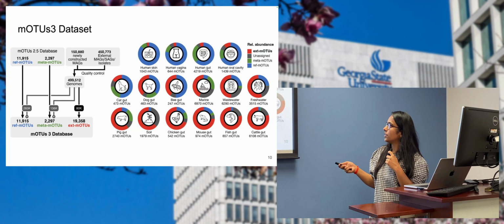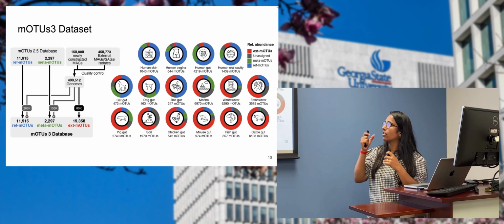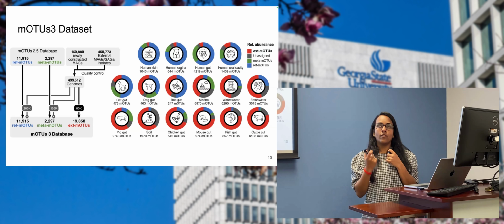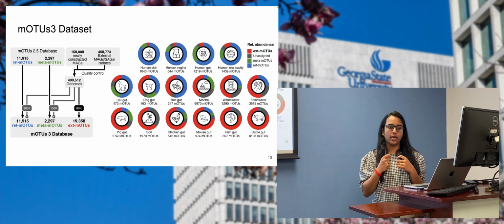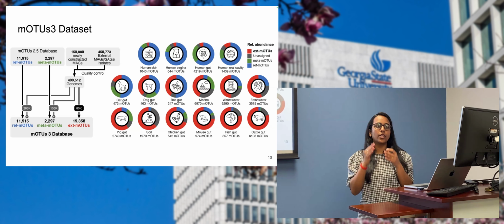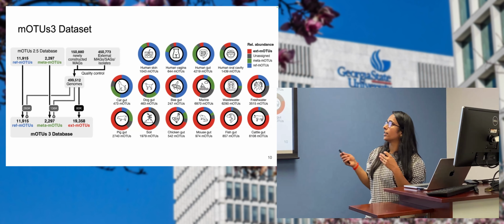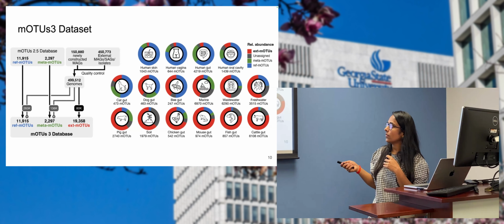MAG is also that: we construct environmental sample genomes into MAGs. And SAG is a single amplified genome, isolated from a particular area, and it contains only one DNA genome. So we are taking all the databases.